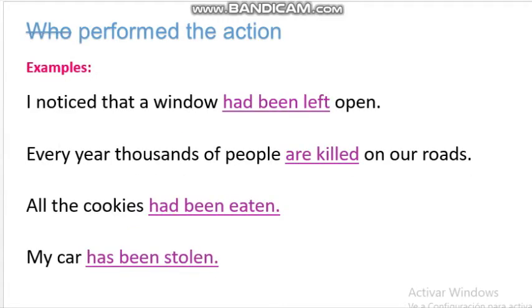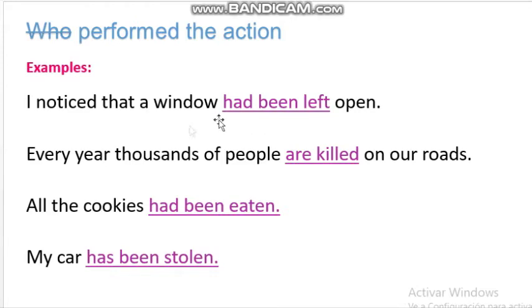Okay, sometimes we use the passive voice because we don't know or don't want to express who performed the action. Okay, it doesn't matter who performed this action. As we can see in the examples, I noticed that a window had been left open.